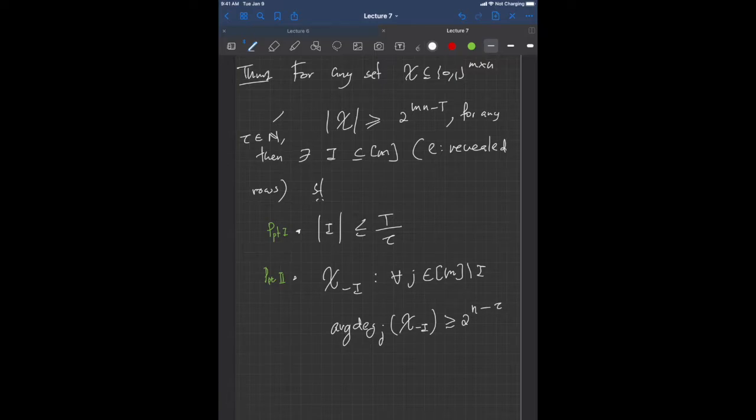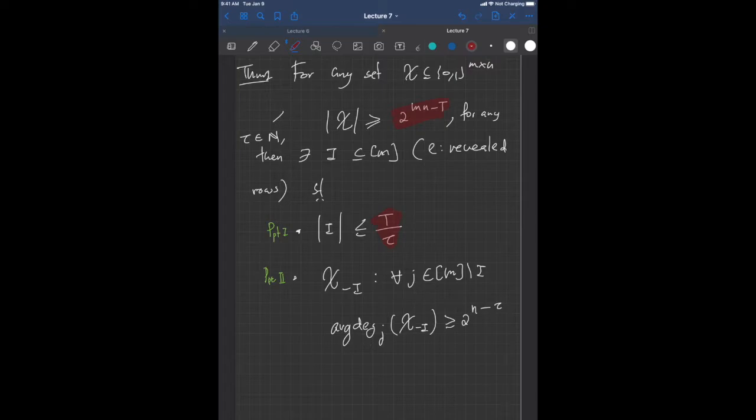Property 1 shows that if you have some guarantees on the cardinality of x, which is in turn related to how much information the players know about the set of matrices that we are considering, then the number of revealed rows is the communication divided by the threshold.